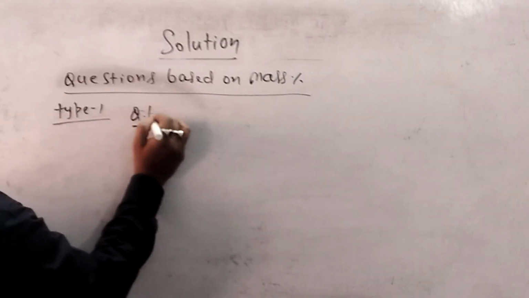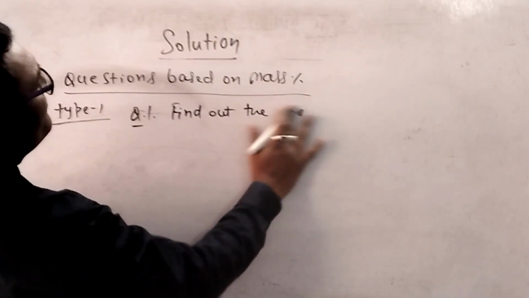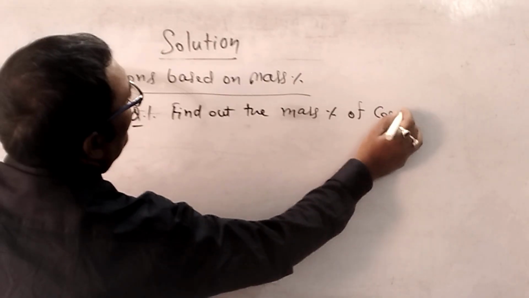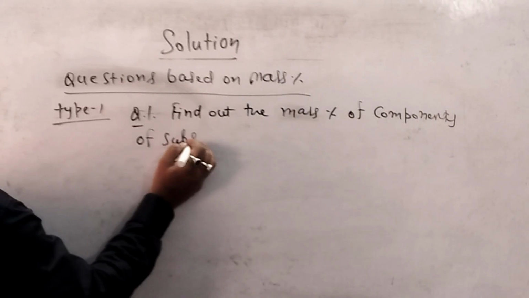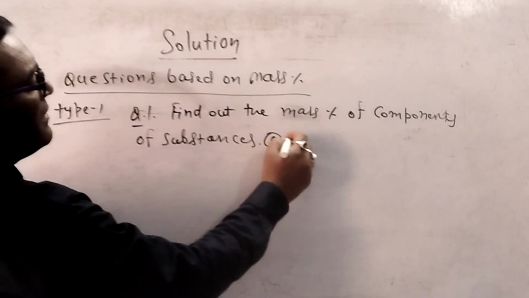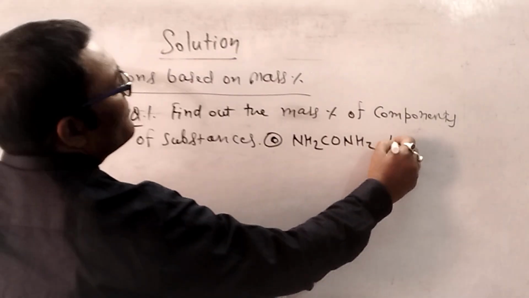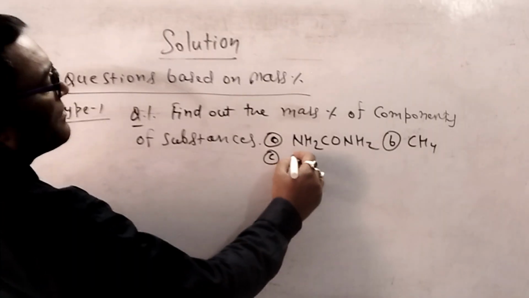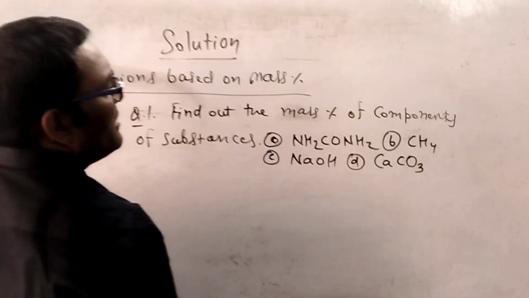Question 1: find out the mass percentage of components of substances like A, urea, NH2CONH2; B, CH4 methane; C, sodium hydroxide; D, CaCO3 calcium carbonate.